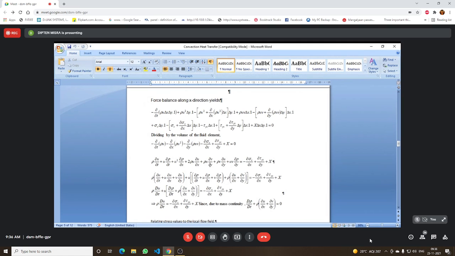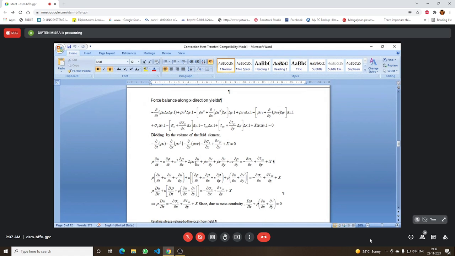And if we differentiate and group them appropriately, then one group will come out to be rho into del u del t, plus, if we take rho common, there are two u del u del x because of rho u square. If we differentiate with respect to u square, it will become 2u del u del x multiplied by rho, and there will be another term which will be what?